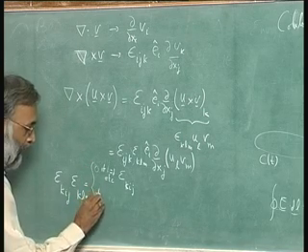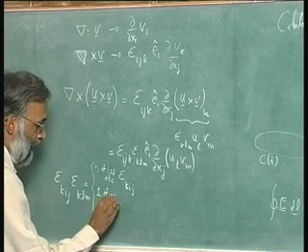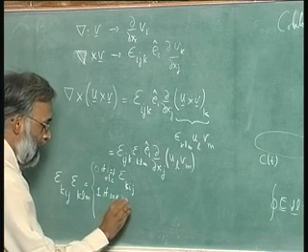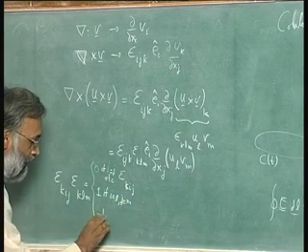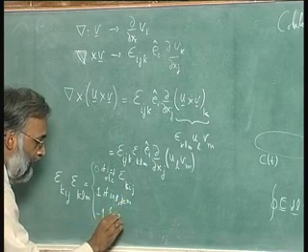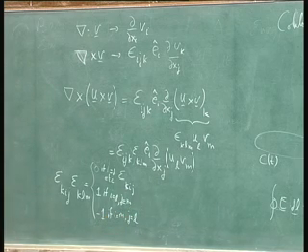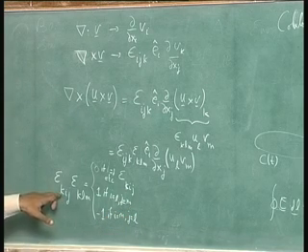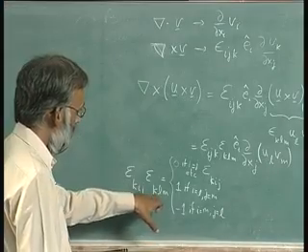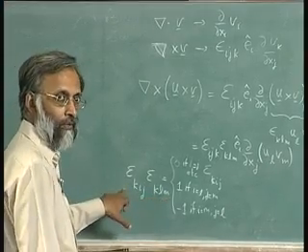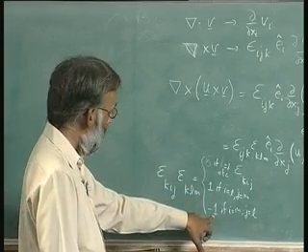It is equal to 1 if i equals l, j equals m, and it is equal to minus 1 if i equals m, j equals l. Why? Because supposing this was 1, 2, 3, then this would be 1, 3, 2. One of them is 1, other is minus 1. So, the product is minus 1.